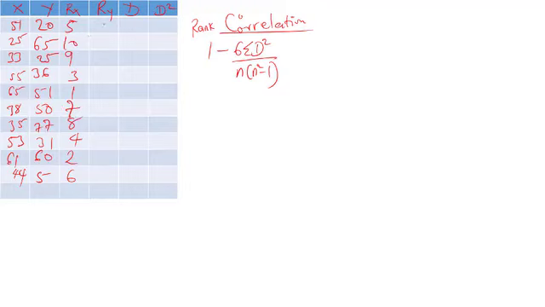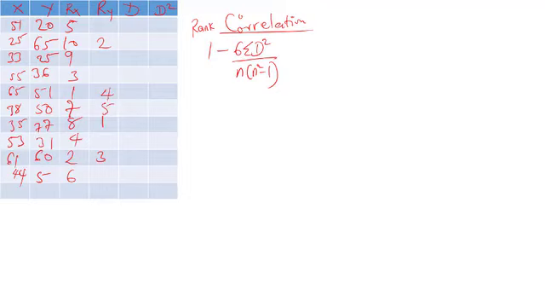Now we can do the same for y. What's the highest number in y? 77, ranking 1. After that we have 65, which takes 2. Then 60 is assigned 3. After 60 we have 51, which gets 4. Next to it is 55.